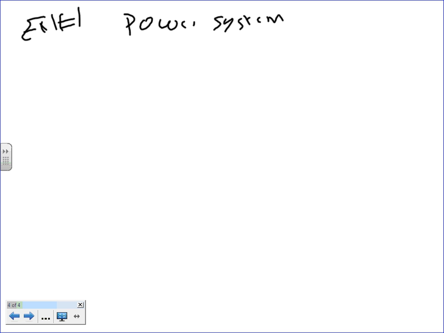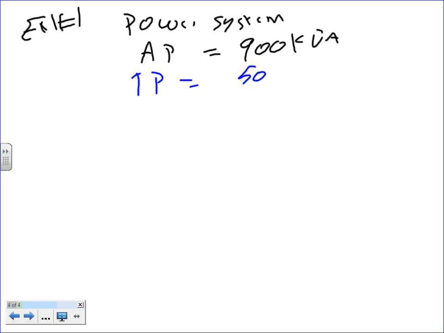The power system, guys, has a kVA equal to 900 kVA. That's the apparent power. The true power equals 500 kW.